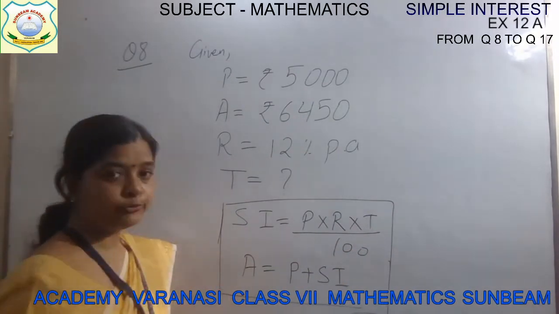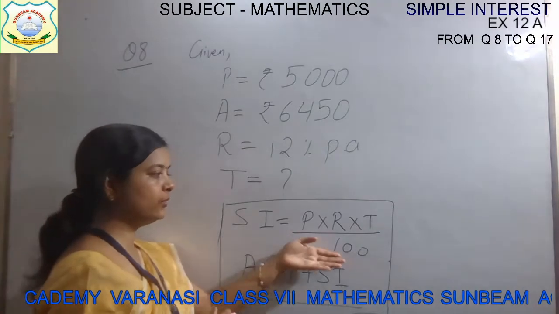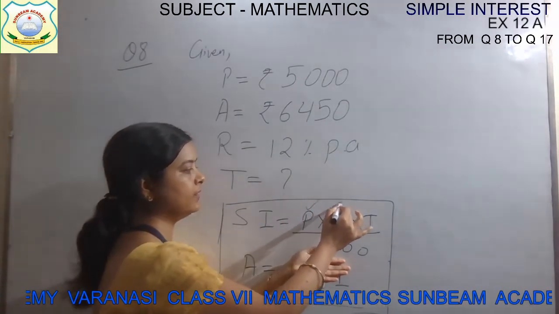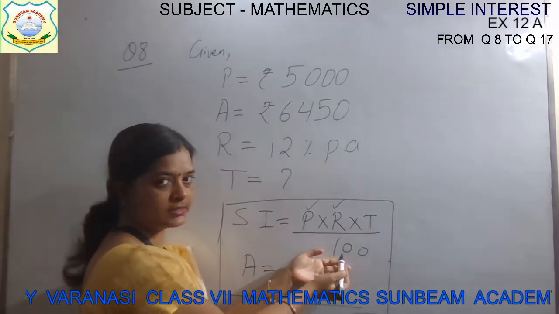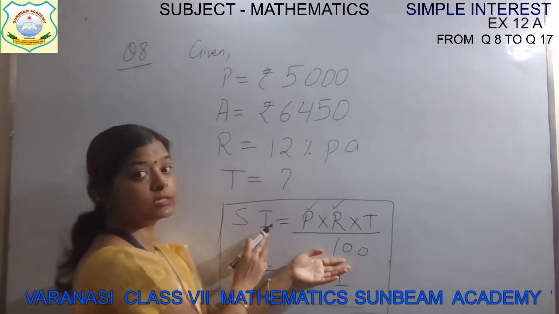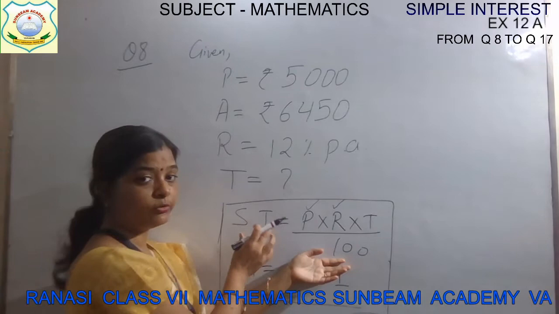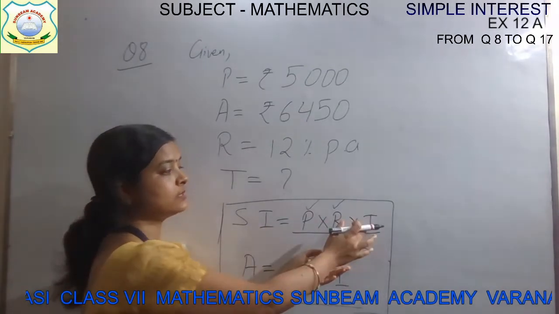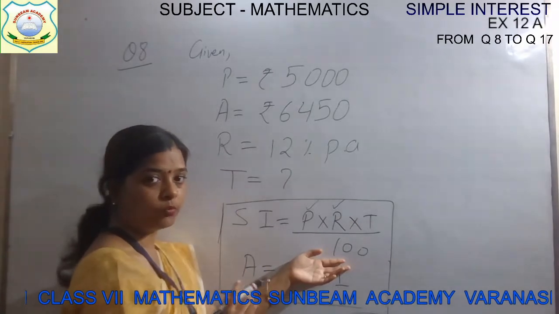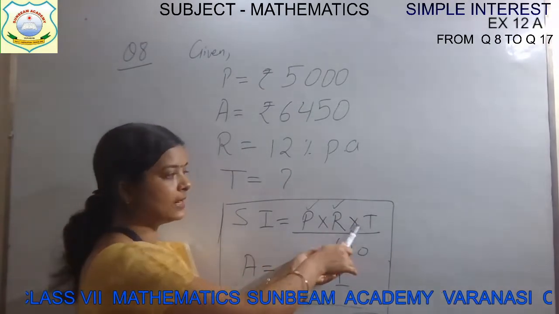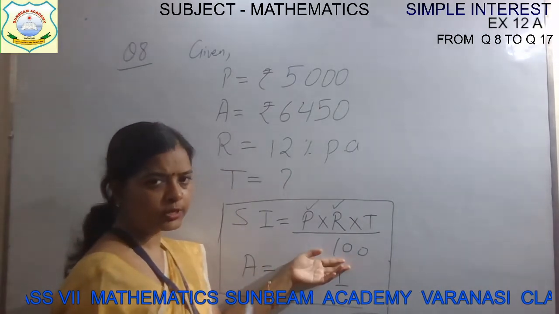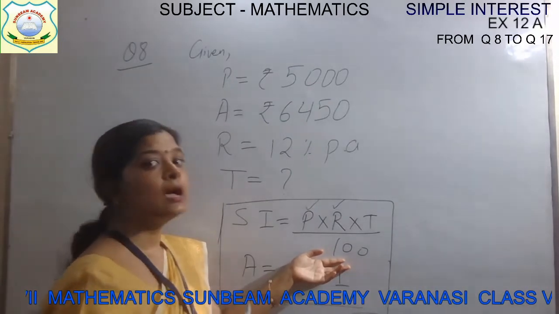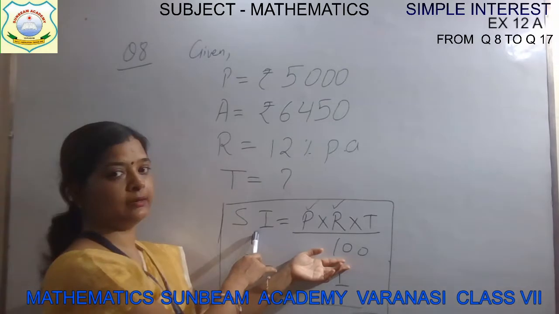But if you will notice, principal money is given, rate is given, 100 is always 100, but simple interest is also not given. So if you will use this formula, then two things are not known to us. What are they? Simple interest and time. So can we apply this? Yes, we will apply this, but after finding this simple interest.